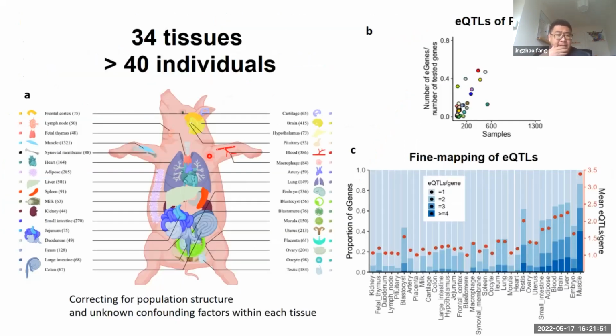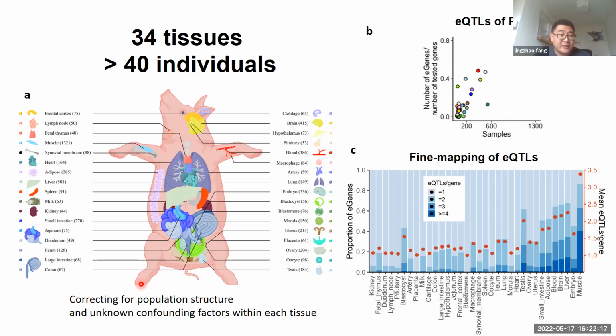After that, we got 34 tissues or tissue groups with over 40 individuals. We think 40 individuals is probably a good sample size for eQTL analysis, although later we'll see it's not that good, but it still gives some significant signals.